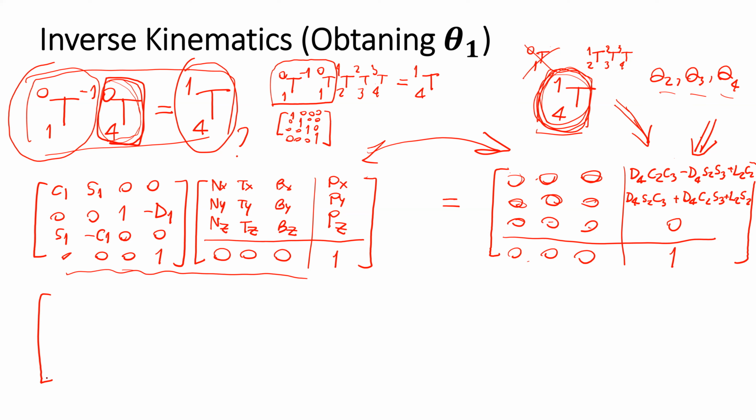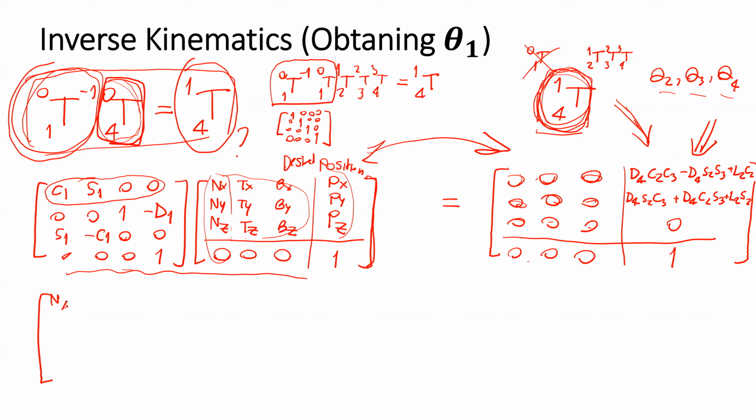When we multiply the inverse of the first homogeneous transform to the homogeneous transform, the forward kinematic in terms of position and the orientation, the product of the matrix, we multiply the row to the column.